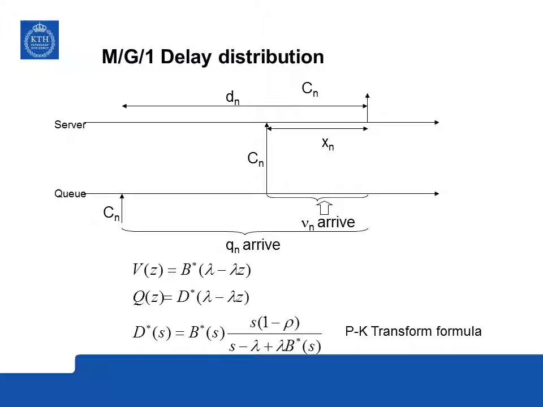And simplifying these expressions, we get finally the delay version of the Pollaczek-Khinchin transform formula that gives us an expression for the Laplace transform of the delay, or the moment generating function of the delay, as a function of the Laplace transform of the service time. And of course this expression now can be used to derive all the moments and all the distributions of delay that we want.